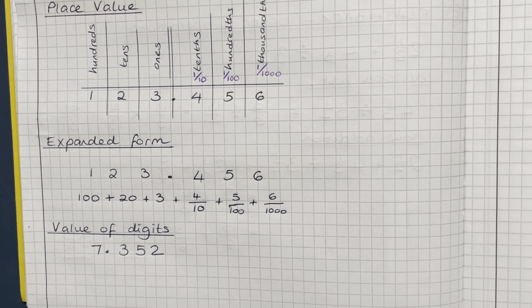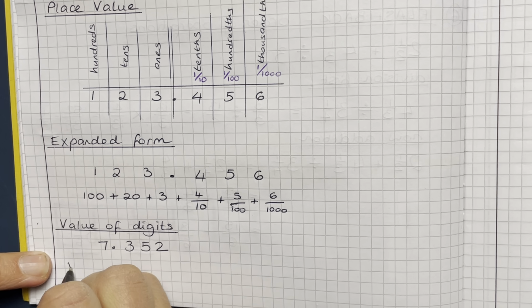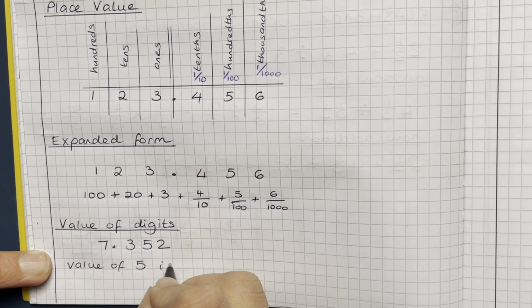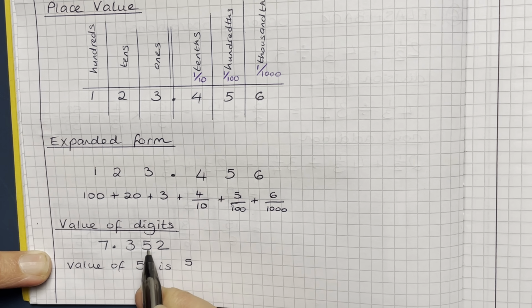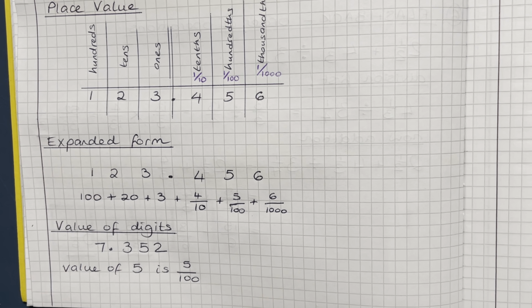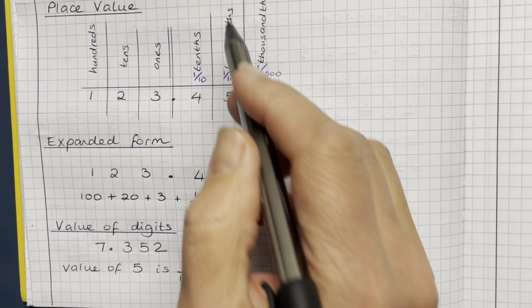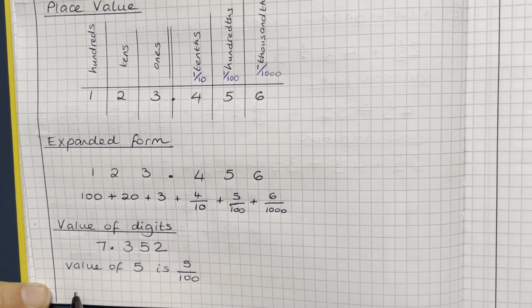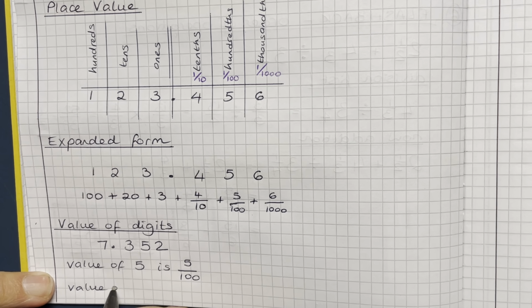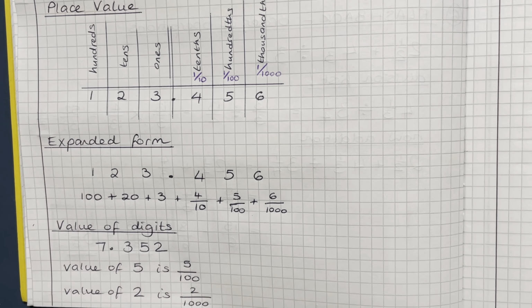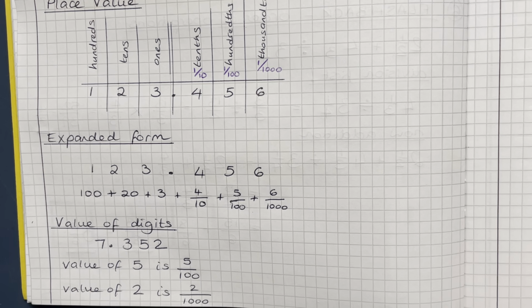If I asked you, for example, what the value of the 5 was, the value of the 5 is 5 in the hundredths column, so we have 5 hundredths. Similarly, if I asked you for the value of the 2, it would be 2, but in the thousandths column. Hopefully you can see that just squashed on the bottom there.